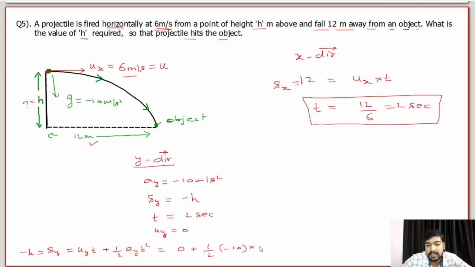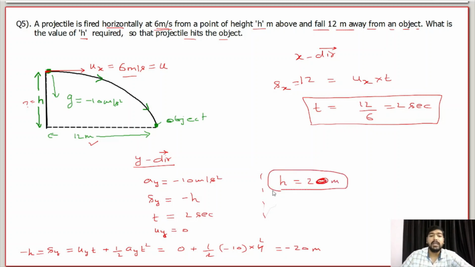T we have calculated is 2, so its square becomes 4. It comes out to be minus 20 meter. Minus 20 meter equals minus h, so h equals 20 meter. See how easily we have calculated this. Clear? So let's move to the next question.